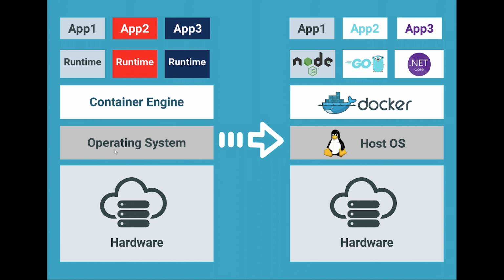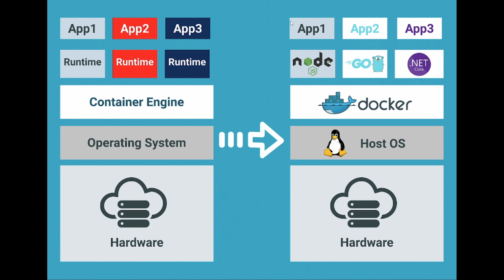We don't need more than one virtual machine. When we have one hardware and virtually divide it into different operating systems, then it becomes a virtual machine. When we virtually divide the operating system into different environments, then it's called containerization.